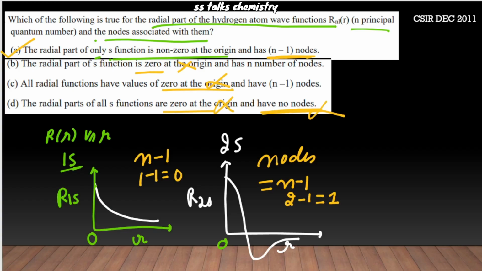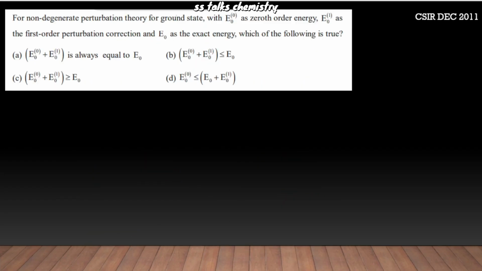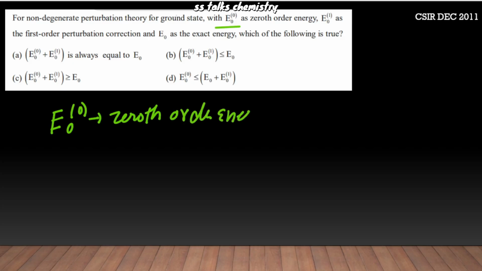Okay. Next, this question now that says for a non-degenerate perturbation theory for the ground state with E00 as the zeroth order energy. So we are having E00. This is your zeroth order energy, right?